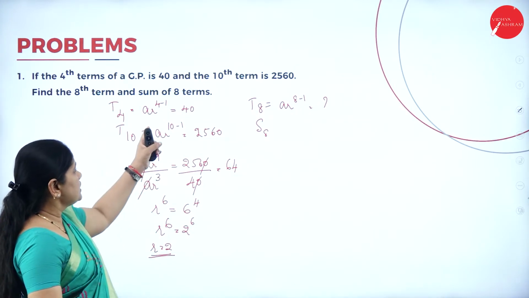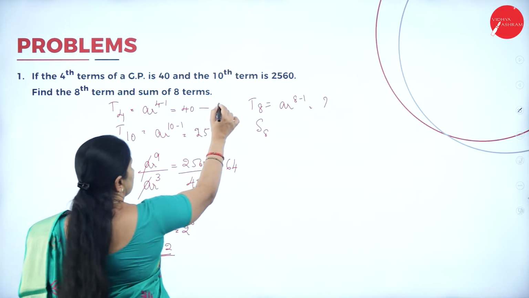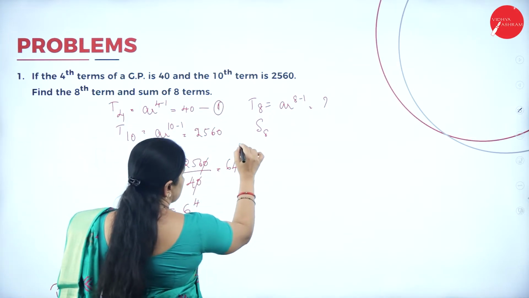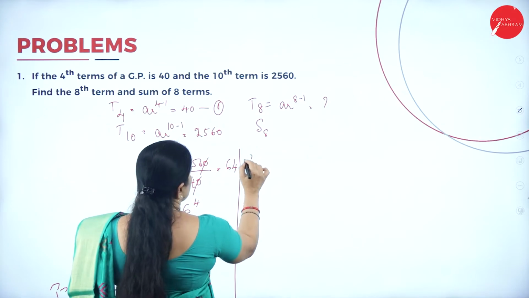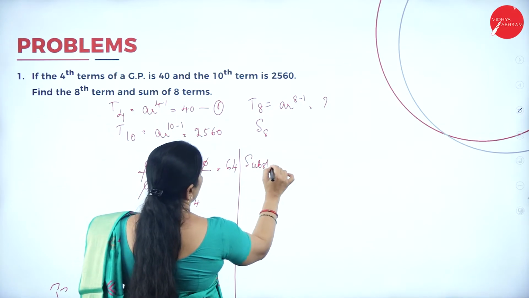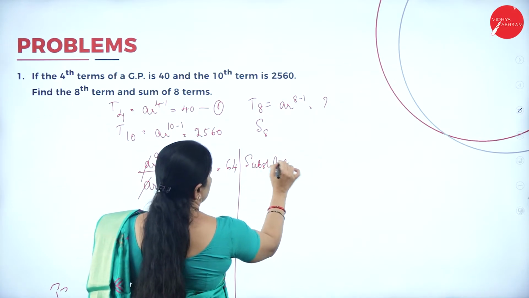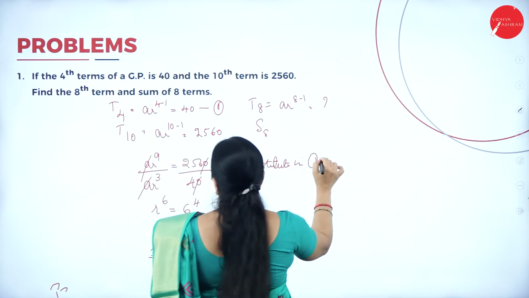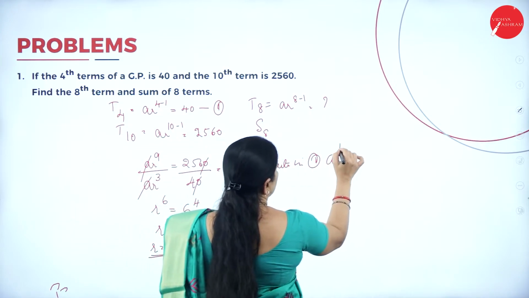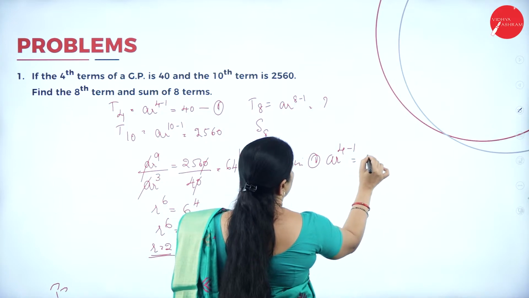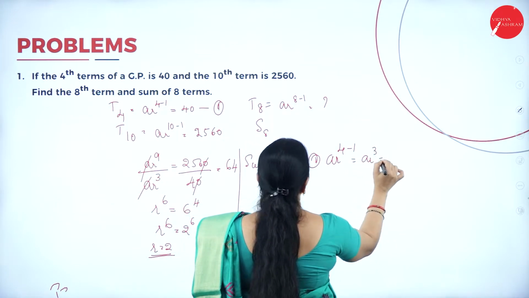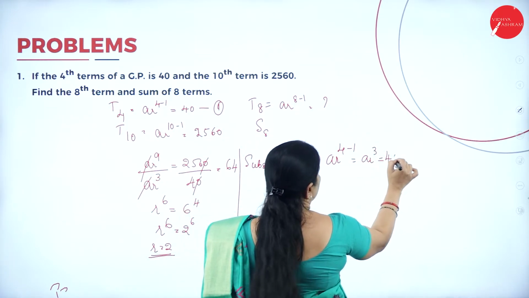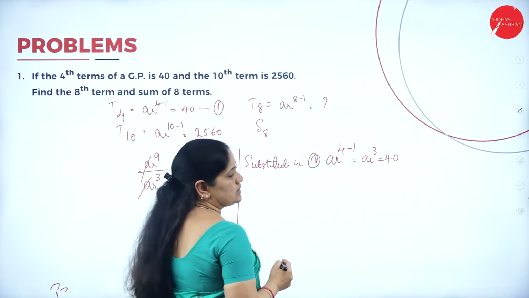Now I substitute in equation 1. I get ar to the power of 4 minus 1, or ar cube, equals 40. So I know r.